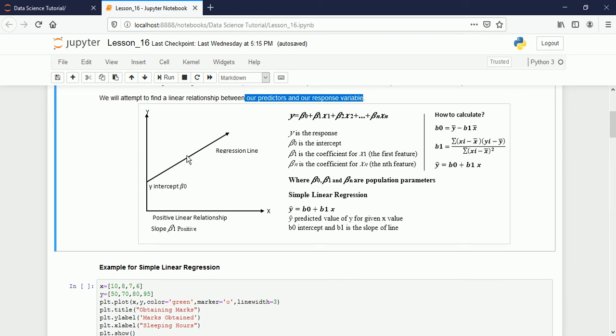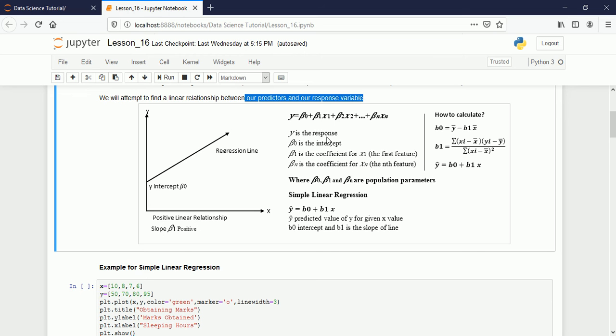Here this is called the regression line, and this is the general formula, friends. y is the dependent variable, and x1, x2, xn are called independent variables, and beta naught, beta 1, beta 2, beta n are called the coefficients of our independent variables.